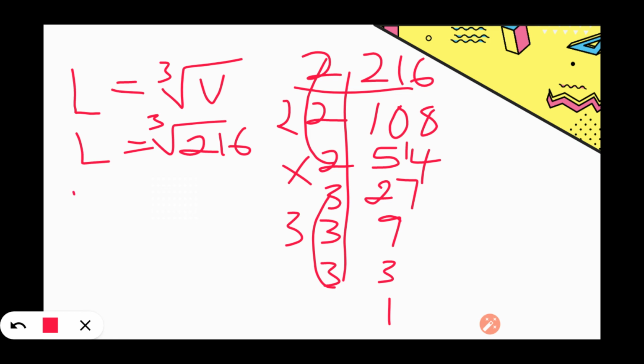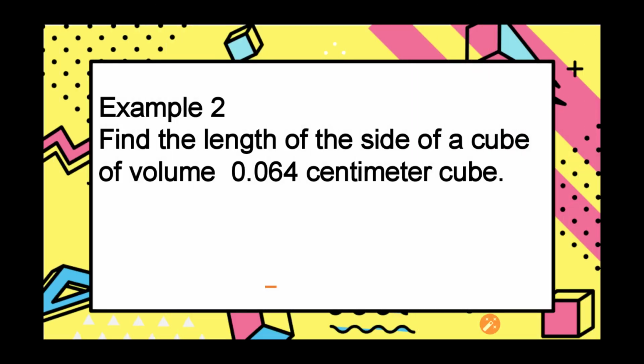Therefore, the length is equal to 6 centimeter. The length of that cube of volume 216 centimeter cube is 6 centimeter. It's what? 6 centimeter. Let's look at another example.